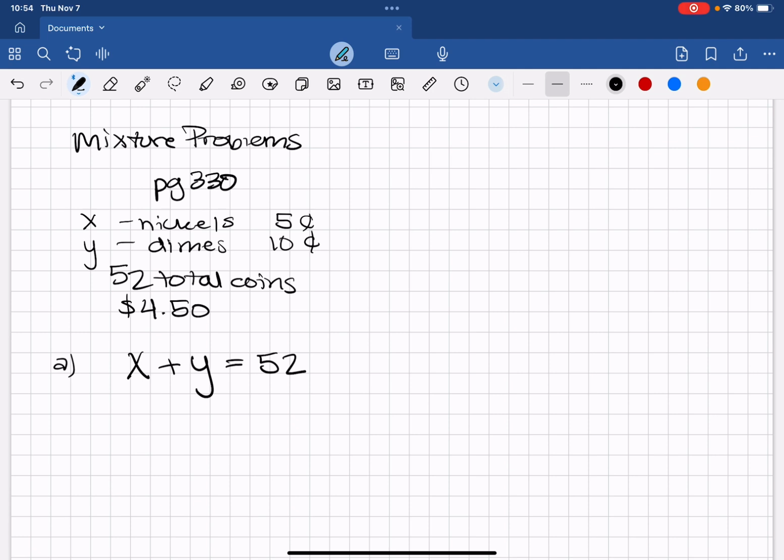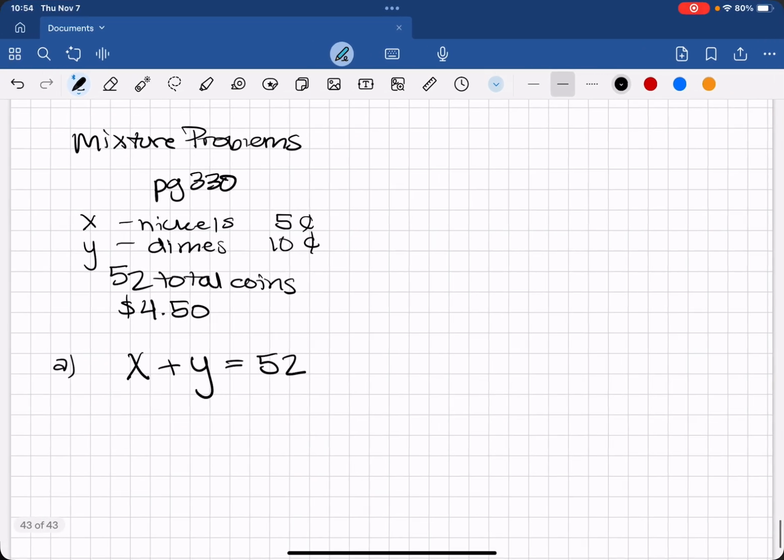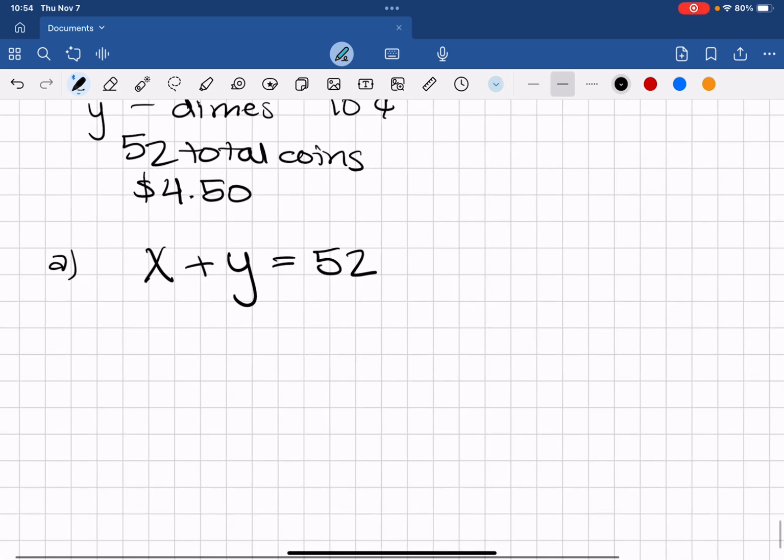B says express the total value of the nickels in cents in terms of x. So we know that nickels are worth 5 cents. So we can say 5 cents times our x, and that's going to be our total value, because our x is our number of nickels, and then our value of 5 cents.